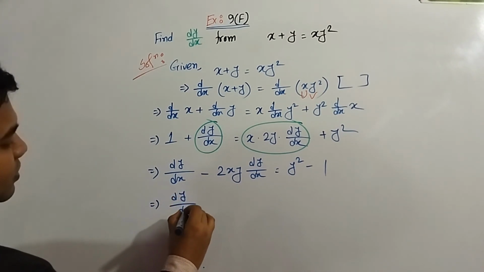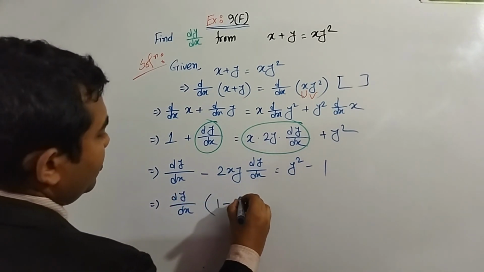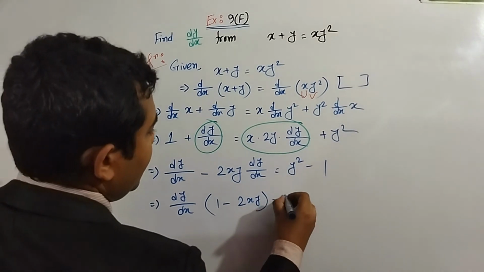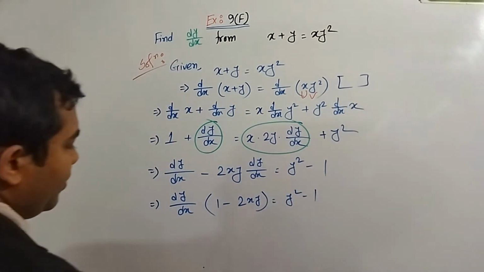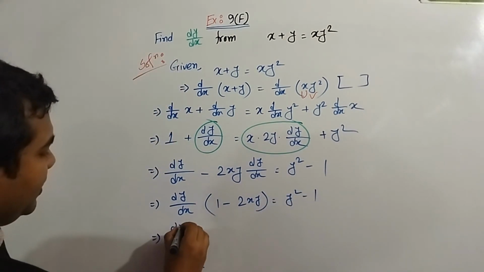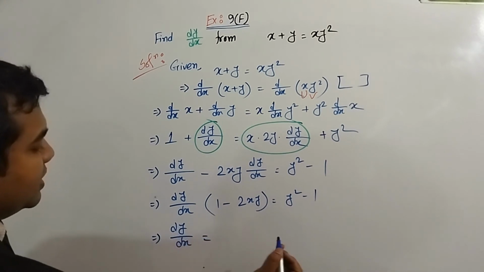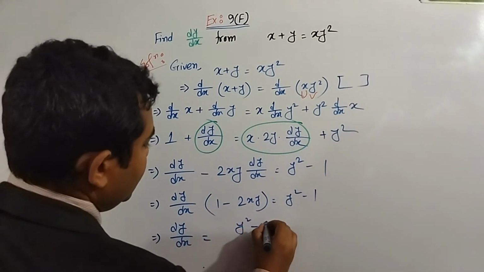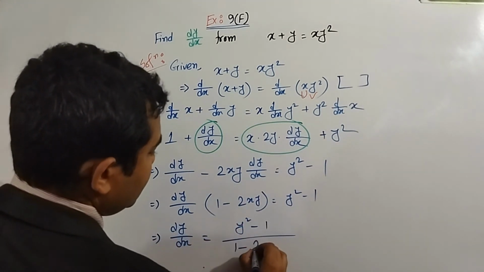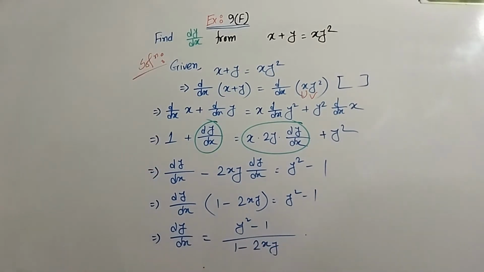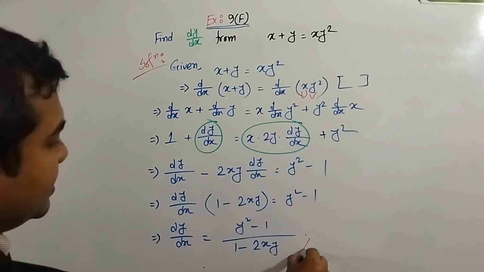So dy by dx should be 1 by 2xy equal to y square minus 1. So obviously dy by dx is equal to y square minus 1 divided by 1 minus 2xy. Okay, and that's our answer.